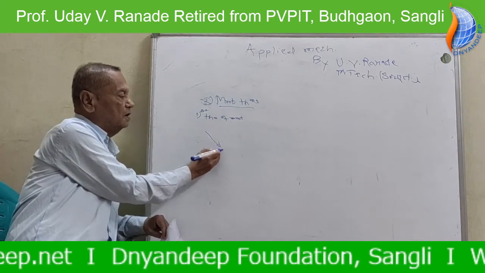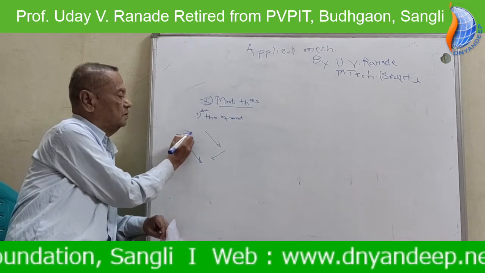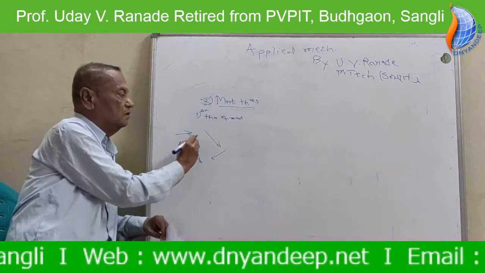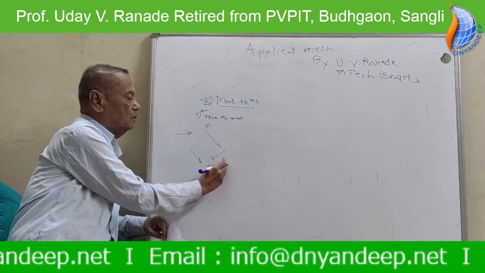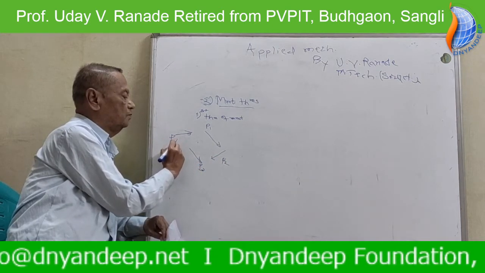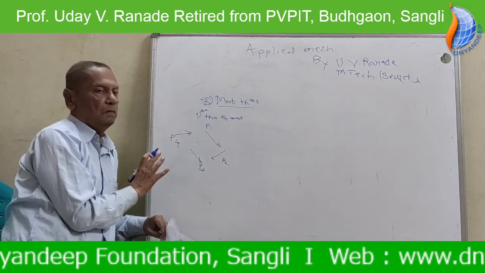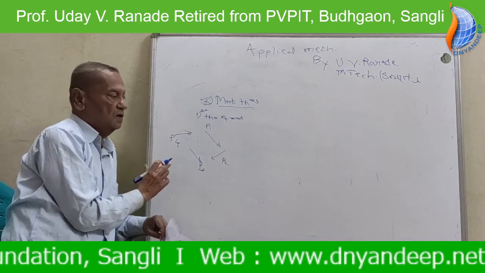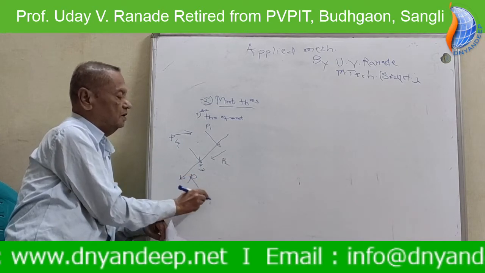Suppose there are different forces, as explanation, P1, P2, P3, P4, and after finding the resultant by the previous theory, suppose R is the resultant.